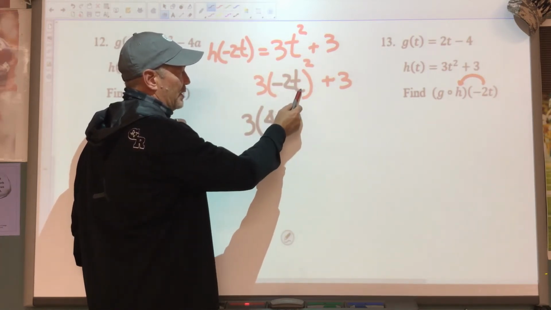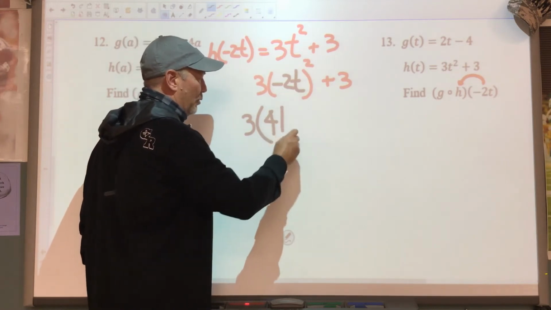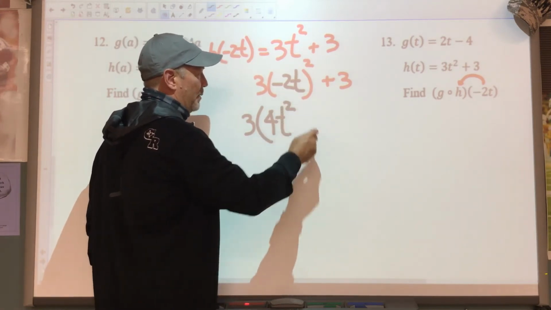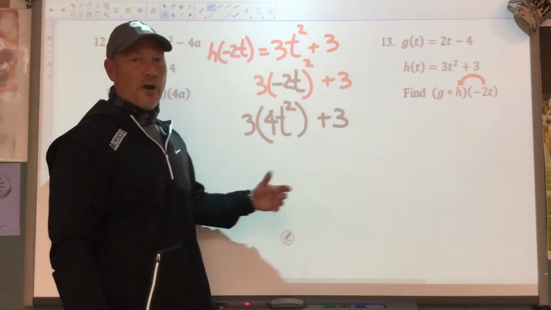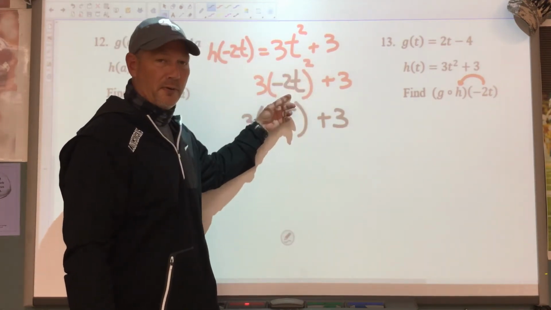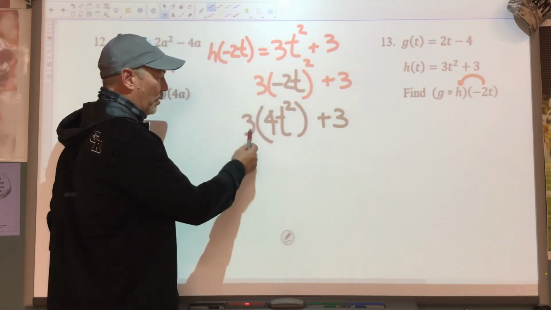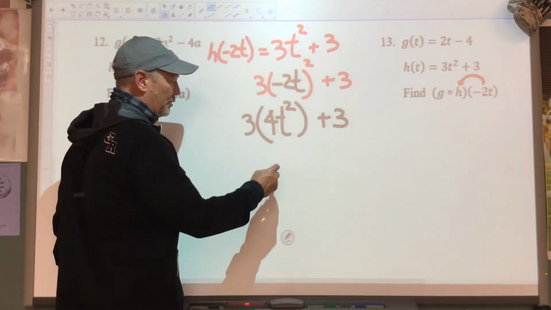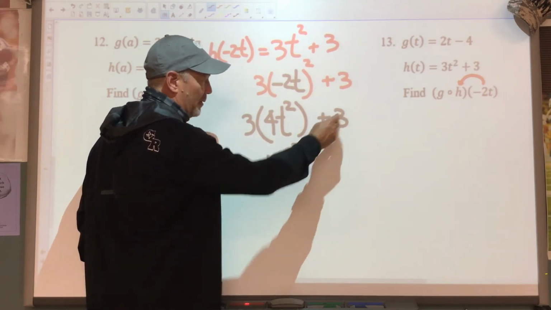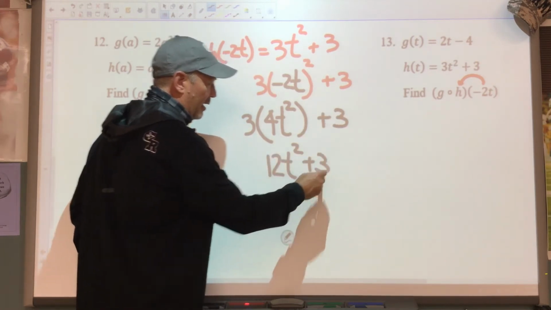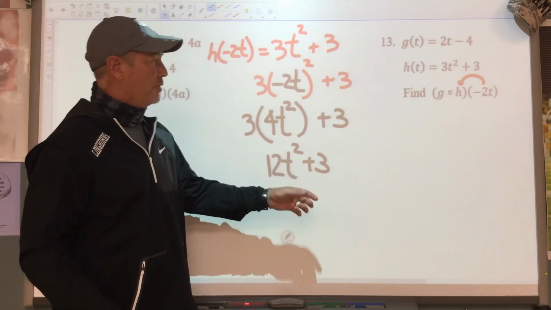You have to square the t. T times t will give you t squared plus 3. You've got to do your order of operations. You've got to do your exponent first. Now we multiply. 3 times 4 is going to give us 12t squared plus 3. This is the result.